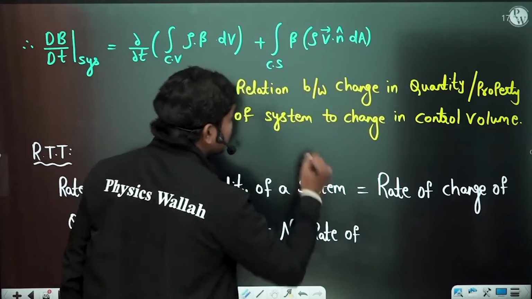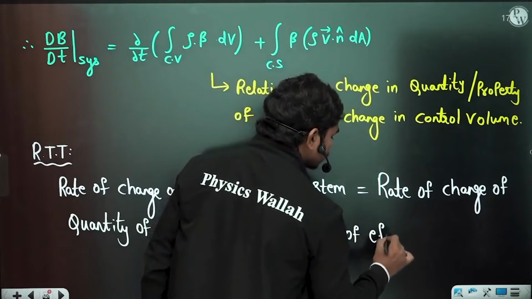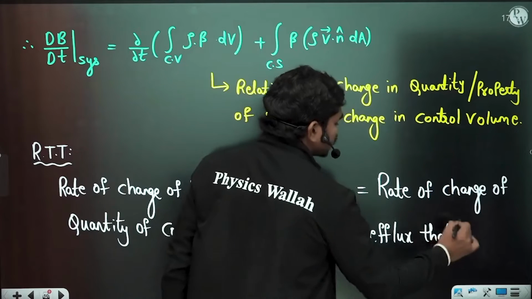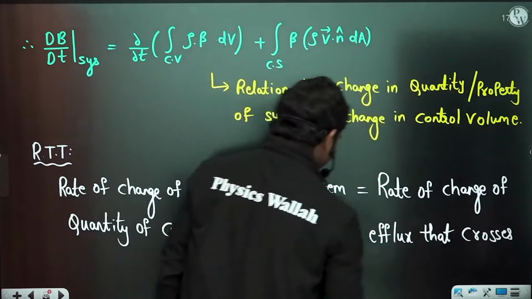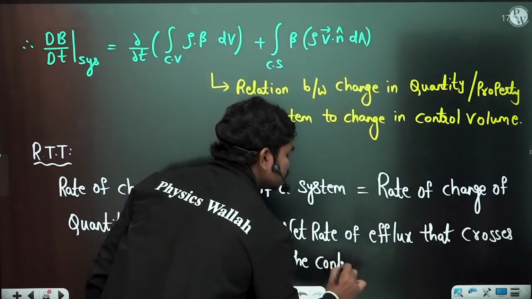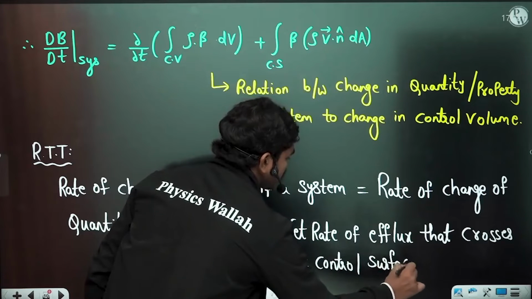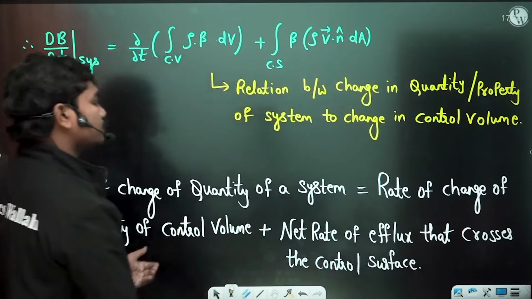Efflux is nothing but this property beta which is present. So the net rate of efflux that crosses the control surface. This is the Reynolds Transport Theorem.